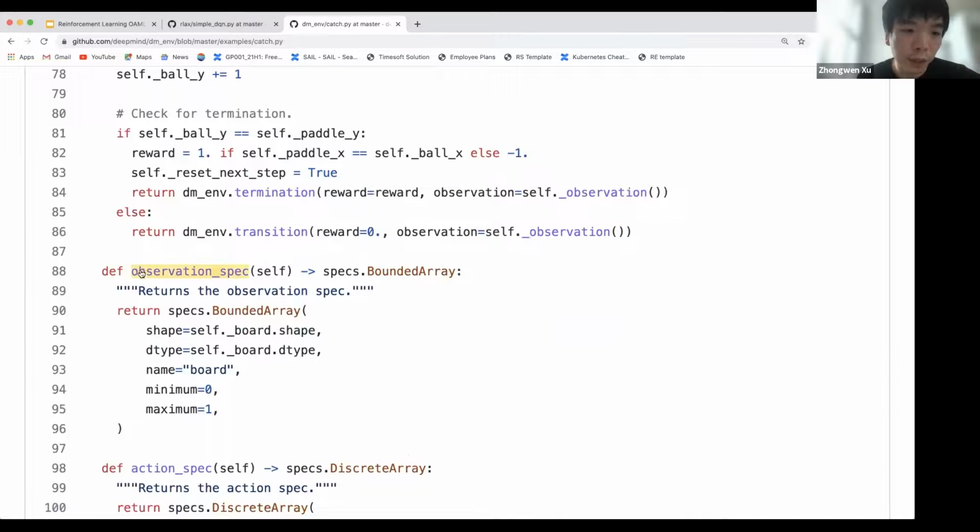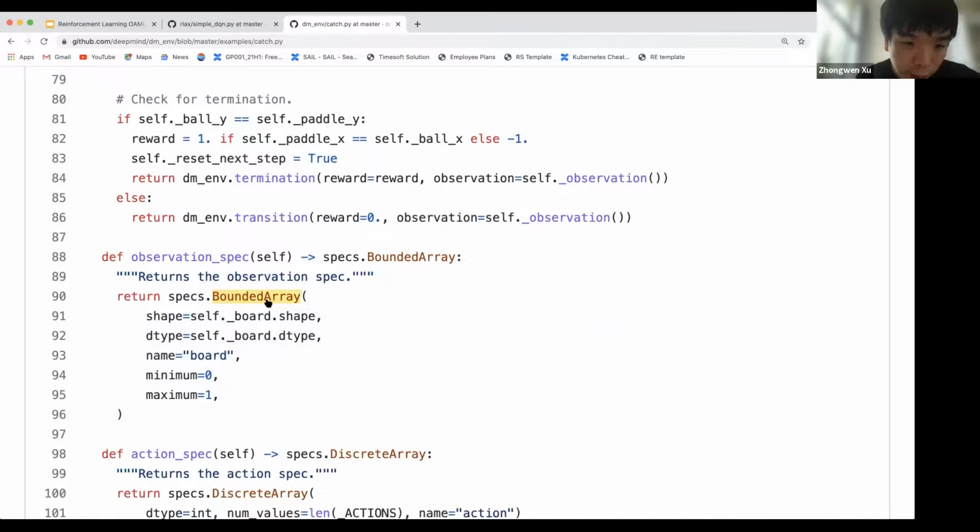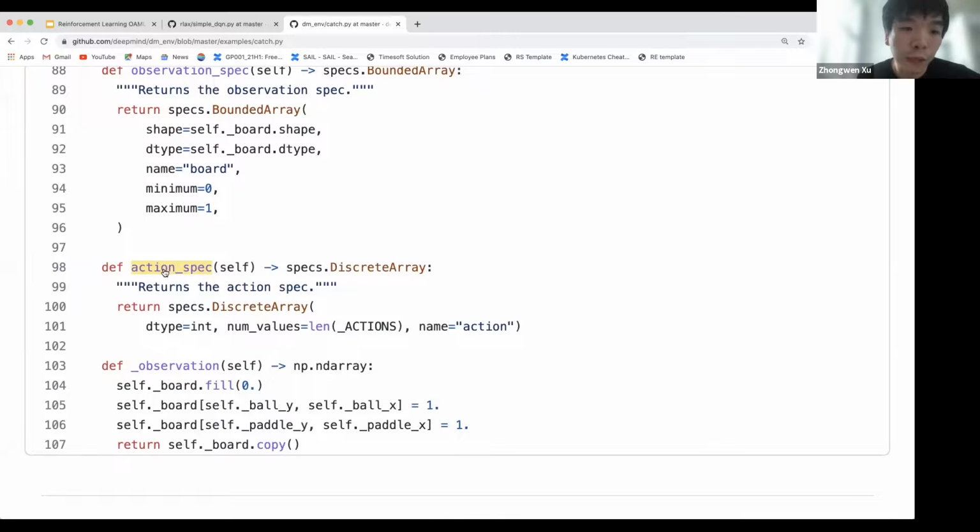And the observation spec uses a class called spec, but I think you can easily understand the idea. This is an array, so it can have a shape and a data type, and the maximum and minimum values. And for the action spec, it describes that the action is a discrete array.